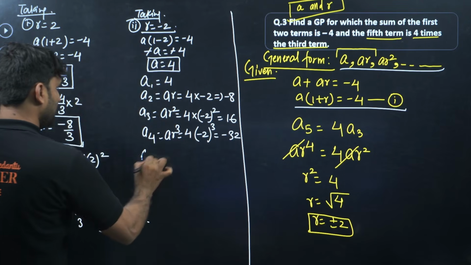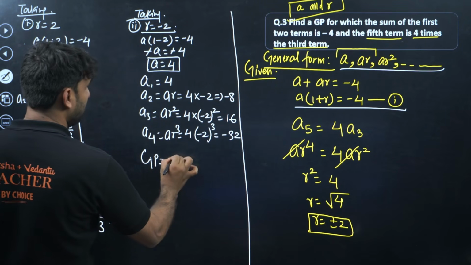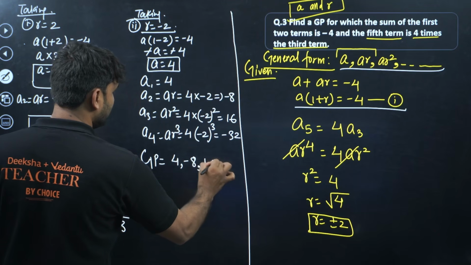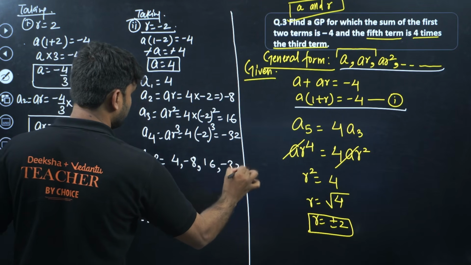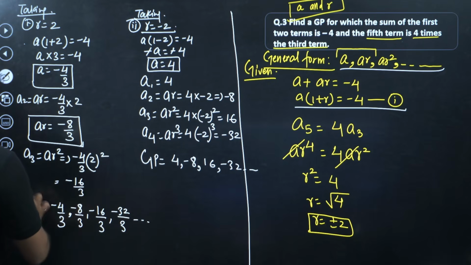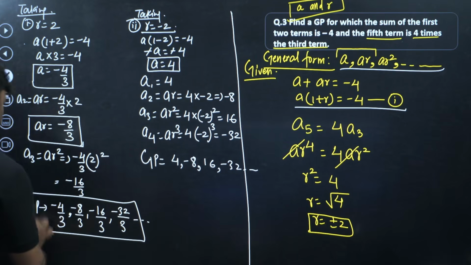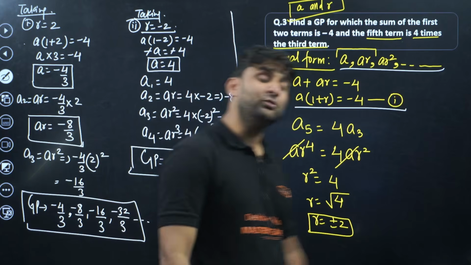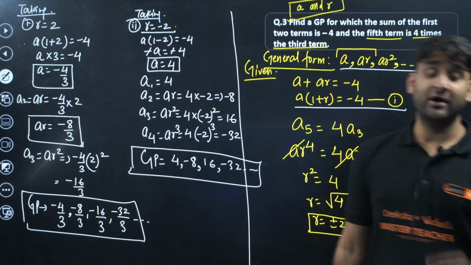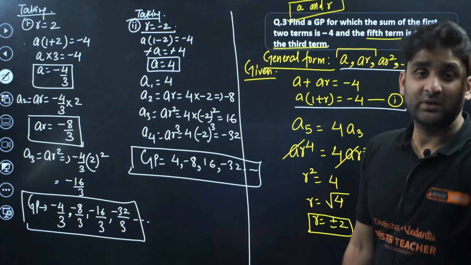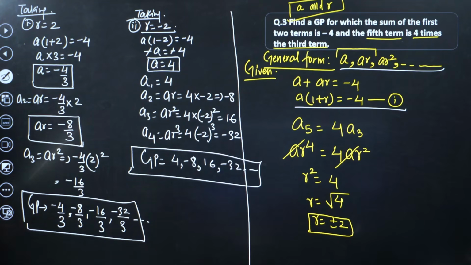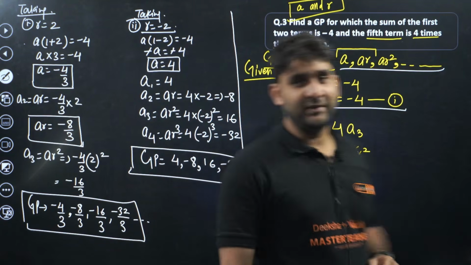So the required GP will be 4, minus 8, 16, minus 32 and so on. So we have two GPs. This is the first GP and this is the second GP. Why two GPs? Because there are two common ratios. Clear, everyone? Take a screenshot. This is a really important question, guys. Okay, moving ahead. Next question, question number.